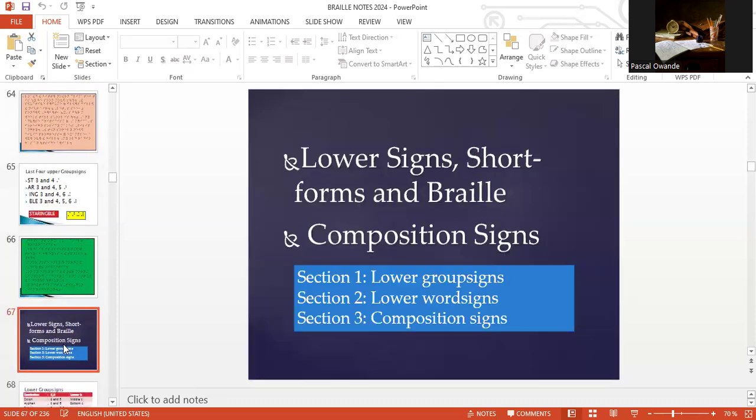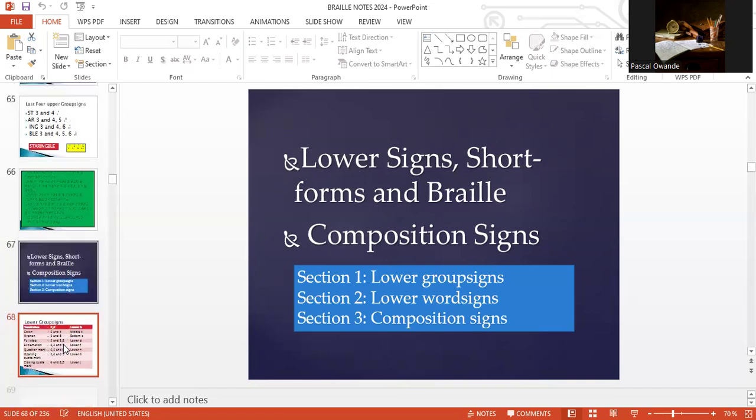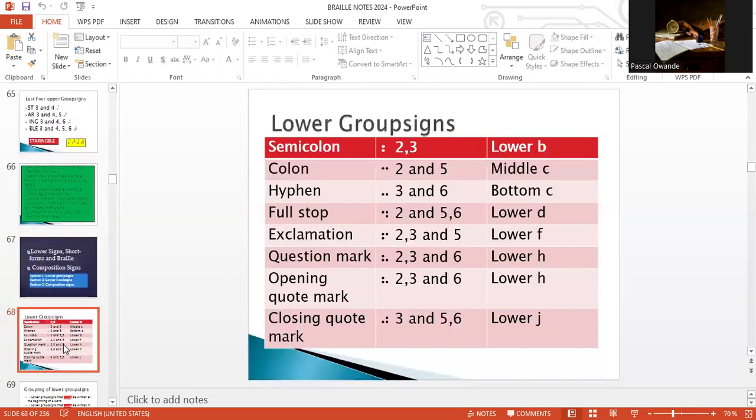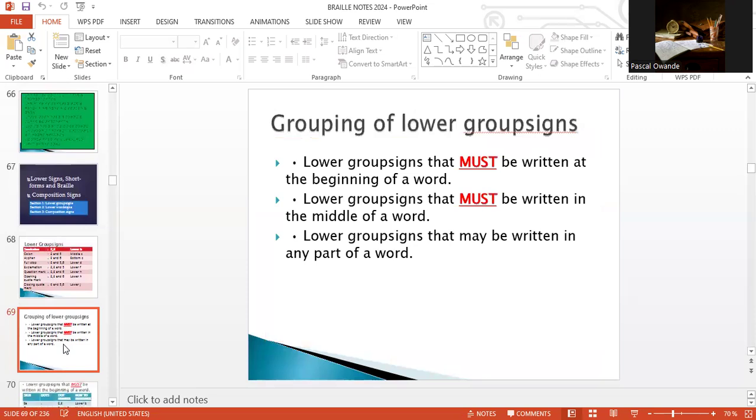And we talked about, yesterday in the evening, the lower signs. These lower group signs, we said they are grouped into two groupings. The first group is lower group signs that must be written at the beginning of a word.